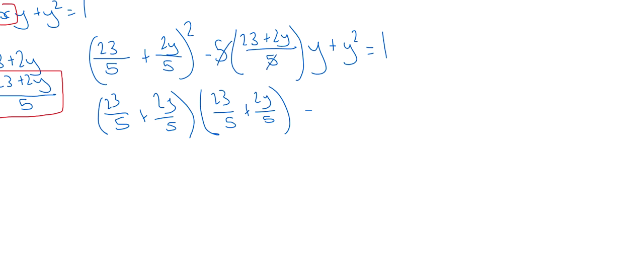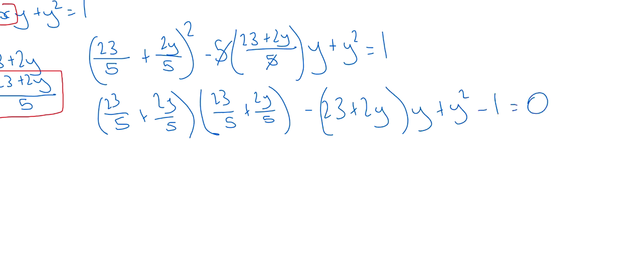If you times by 5 and divide by 5, it's the same thing. So let's just leave it like that. That's way better. But I still need my brackets because this y is here and that is going to multiply in. Then I've still got plus y squared equals, well, actually, let's put it all together first. Let's say minus 1 equals 0 because we need to do that eventually anyway.